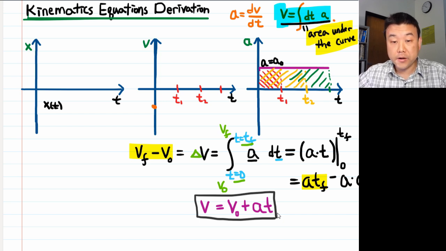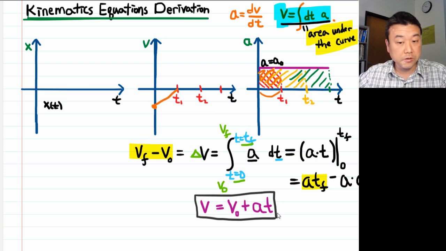And what this area under the curve represents is the change in velocity. So from time equals 0 to time equals t1, the velocity changes by the amount of area here. So let me just scale it so that brings the velocity to 0.